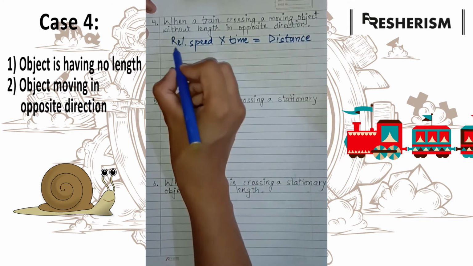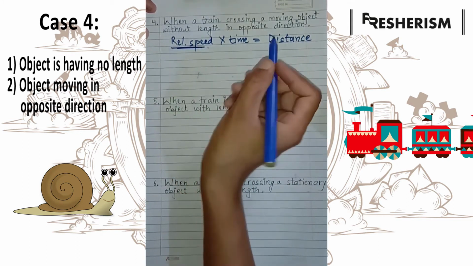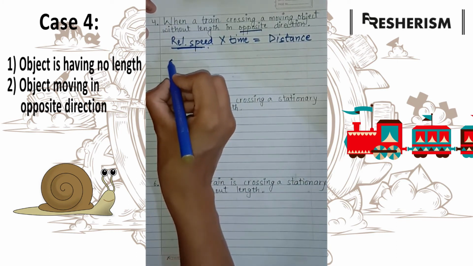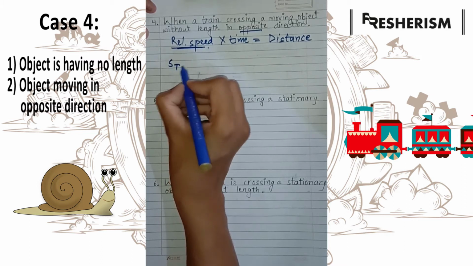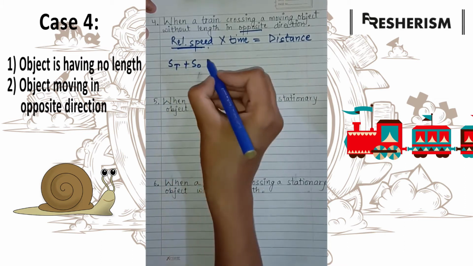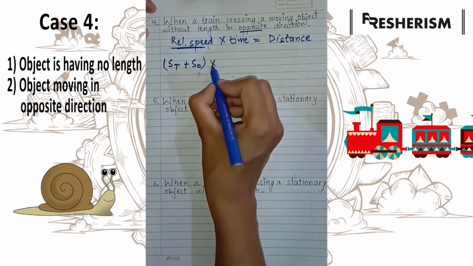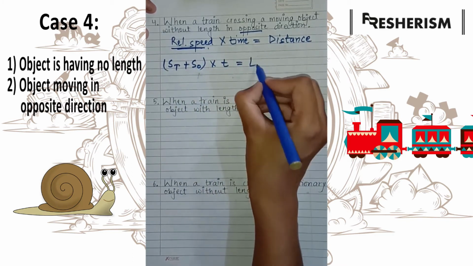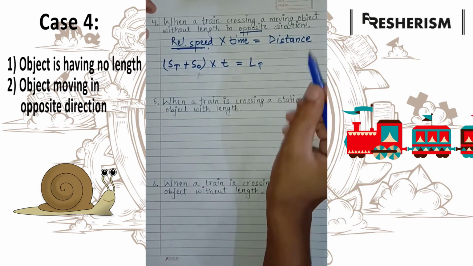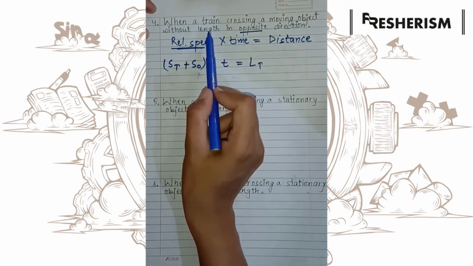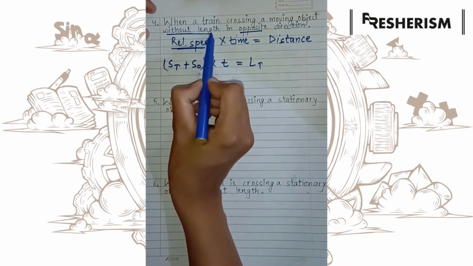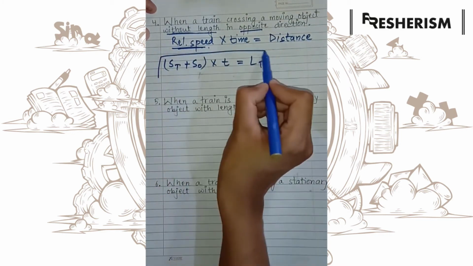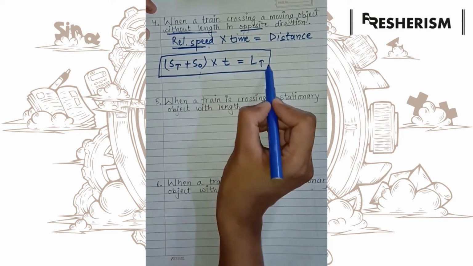Now, what would be the relative speed here? As they are moving in opposite direction, the speeds would get added, that is, speed of train plus speed of object multiplied by time t will be equal to the distance, that is, length of the train, as length of the object is negligible. We have given the object is without length.